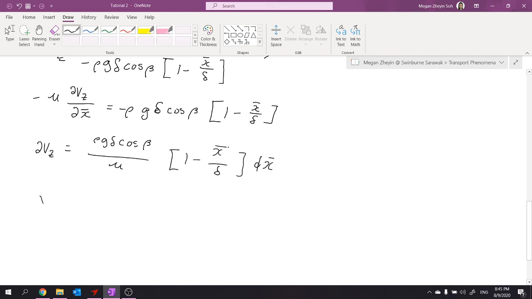Integrating this against x bar gives us vz equals rho g delta cos beta over mu multiplied by x bar minus x bar squared over 2 delta, plus C2. Don't forget to add your constant at the end after your integration.